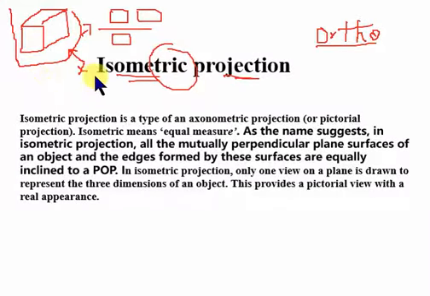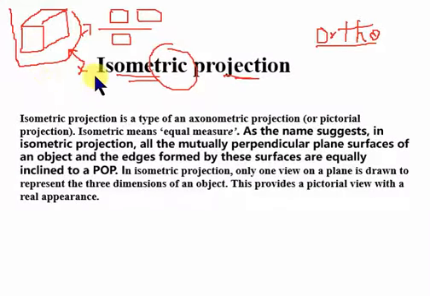Now the lines which are not parallel to the axis, see for instance in the terminology again, if you check out here, isometric lines. We just saw that the lines which are parallel to the isometric axis are called isometric lines, and the lines which are not parallel to isometric lines are called non-isometric lines.